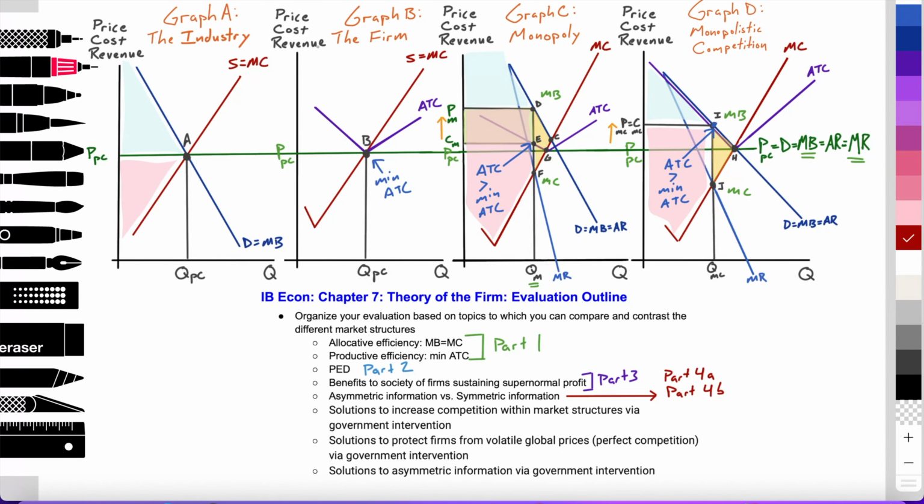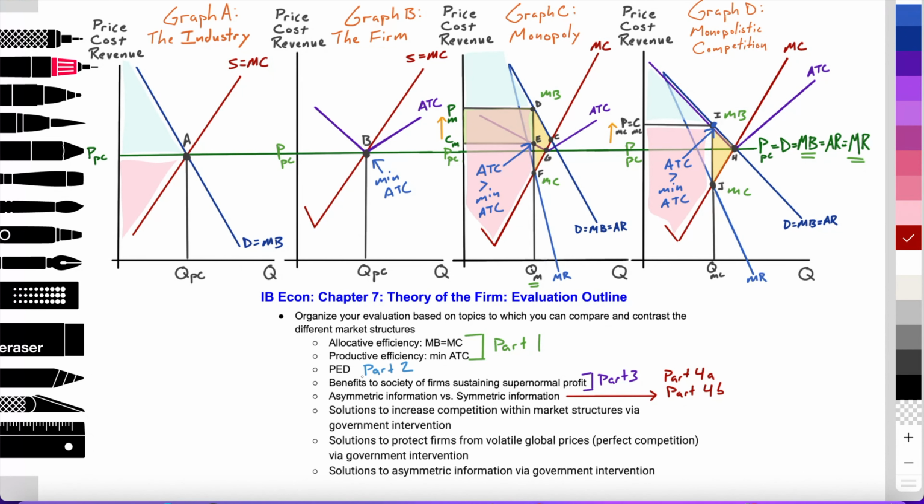We looked at how perfect competition is allocatively efficient, both in the firm and the industry, and for the firm, productively efficient in the long run. Whereas in monopoly and monopolistic competition, we see that it's allocatively and productively inefficient. And then we also discussed how that impacts consumer and producer surplus relative to the other market structures.